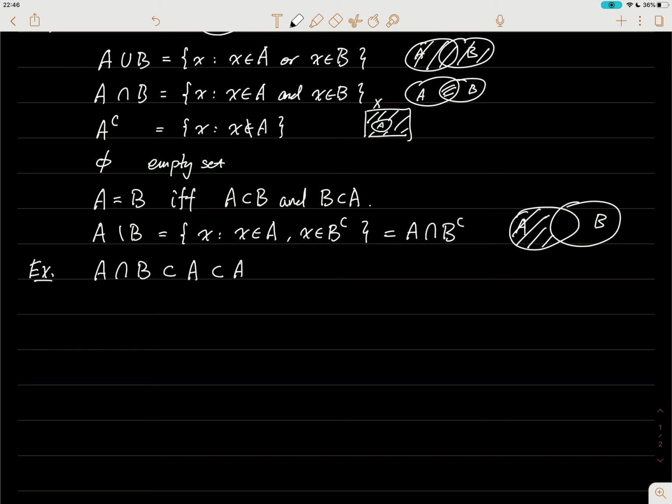So the union will generally give you an equal or larger set. Okay, so for any set A, it contains the intersection of A and B, and that is also contained in the union of A and B. Okay, so that's one example.